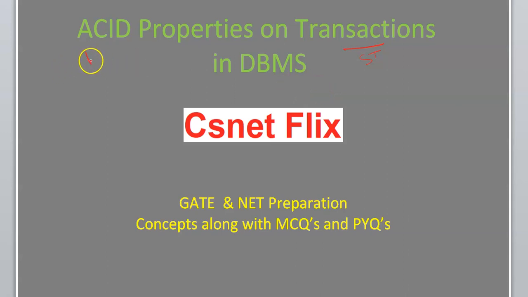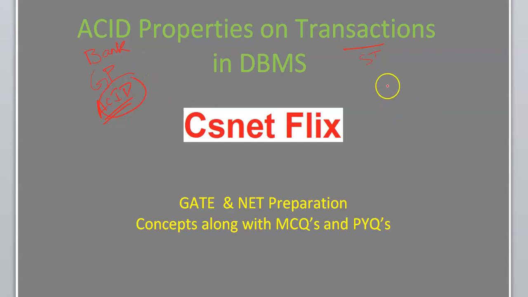Whenever you perform a transaction, be it from your bank or from Google Pay, whatever transactions you do, each of these transactions will have to follow ACID properties. You might not experience it, but conceptually every transaction will follow ACID properties in one way or another to avoid concurrency issues.